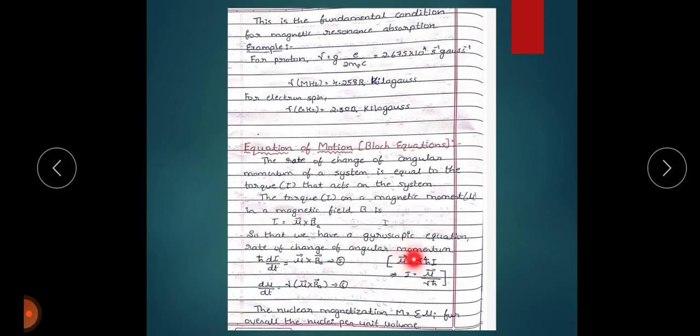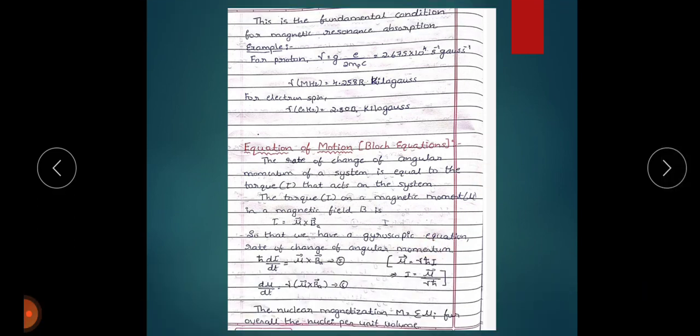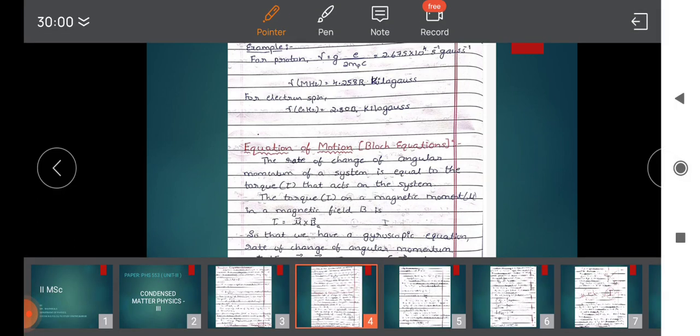Here we know that the magnetic moment mu is equal to nu into h cross into I. Next, differentiating this expression with respect to t, the equation can be written as d mu by dt is equal to nu into h cross into dI by dt, because nu is constant and h cross is also constant, so they are taken outside the bracket.